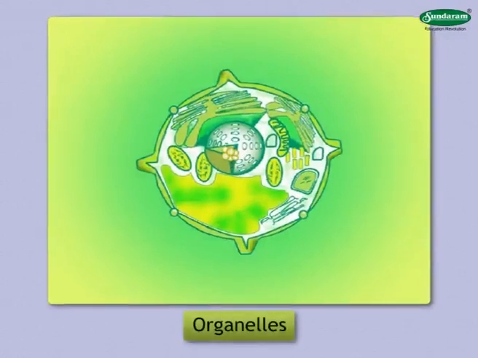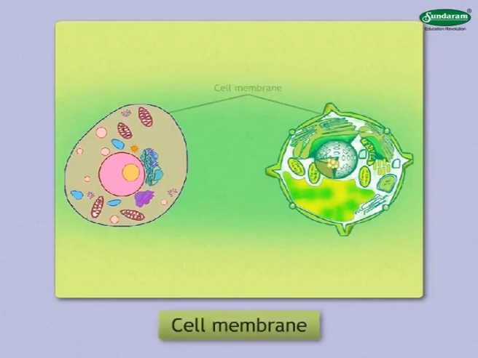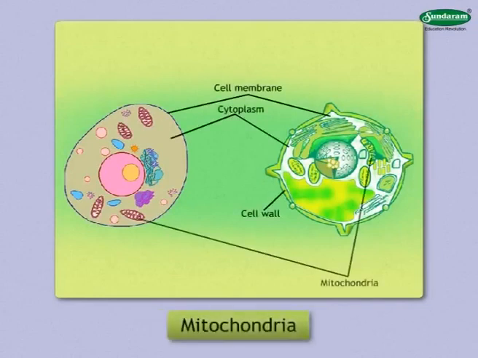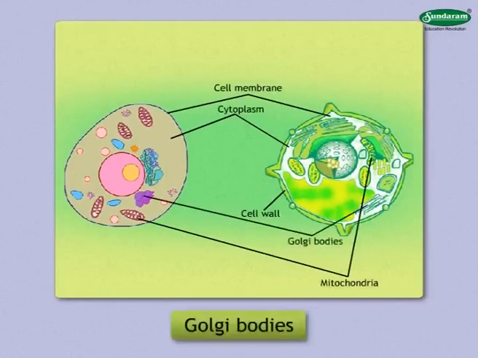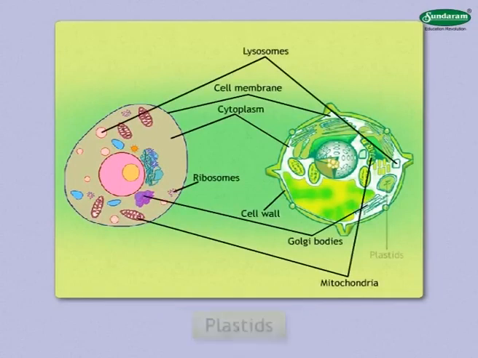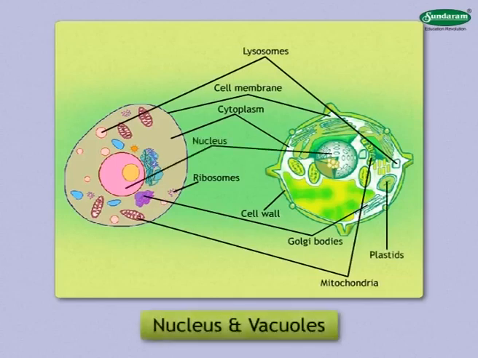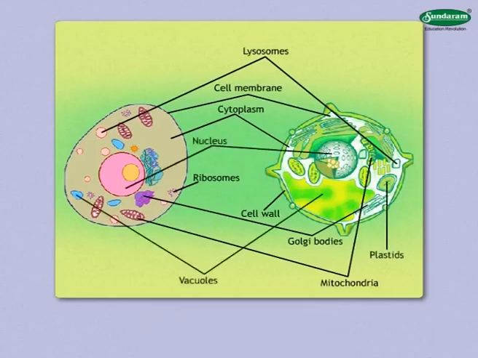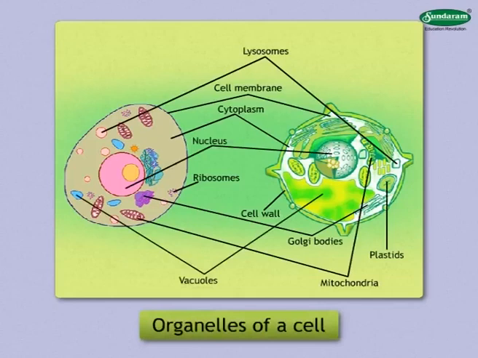They are called organelles. The various constituents like cell membrane, cell wall, cytoplasm, mitochondria, Golgi bodies, ribosomes, lysosomes, plastids, nucleus and vacuoles are called the organelles of a cell.